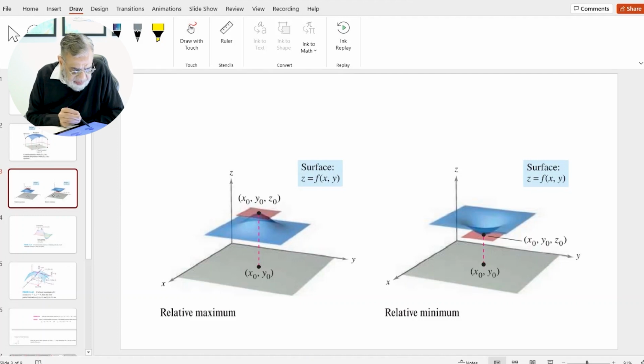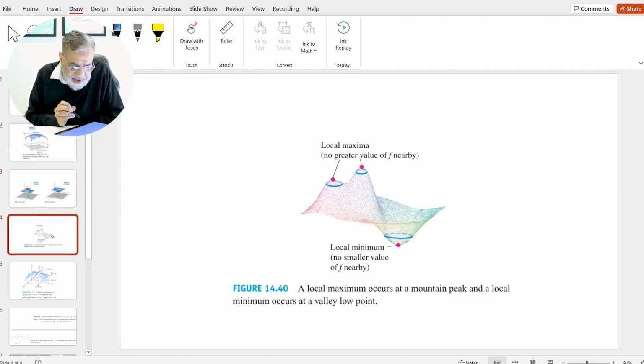In this picture we have 1, 2, 3 points, these are critical points, and these 2 are the high points, local maxima, and this is local minima. This point will give me the absolute maxima, and this point will give me the absolute minima. So this is the idea of local maxima and local minima.